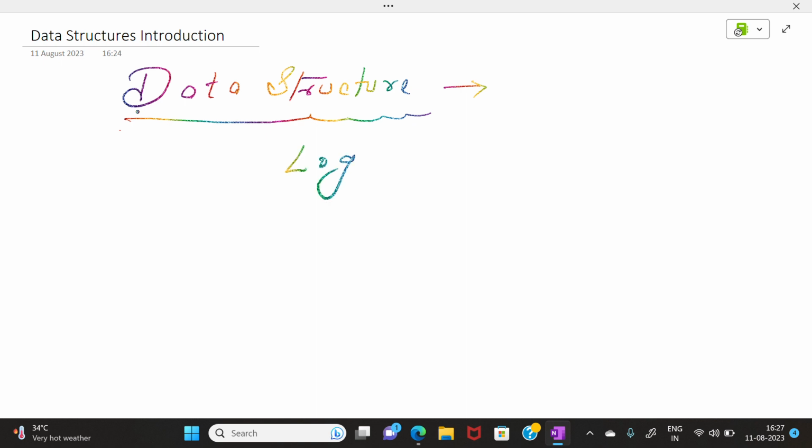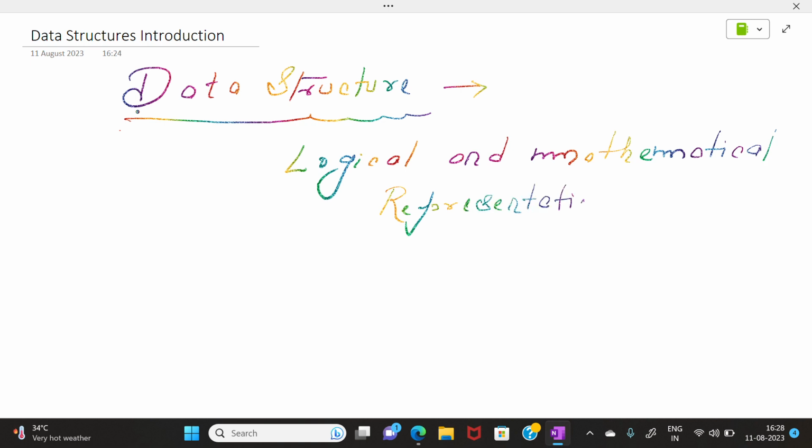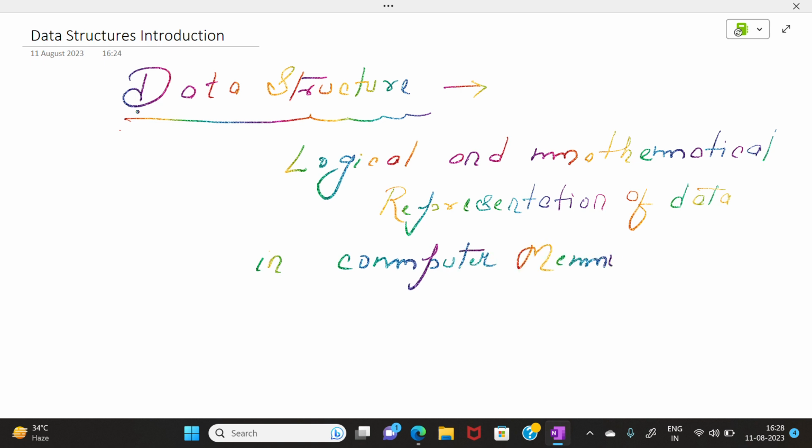The logical and mathematical representation of data in computer memory is called data structure.